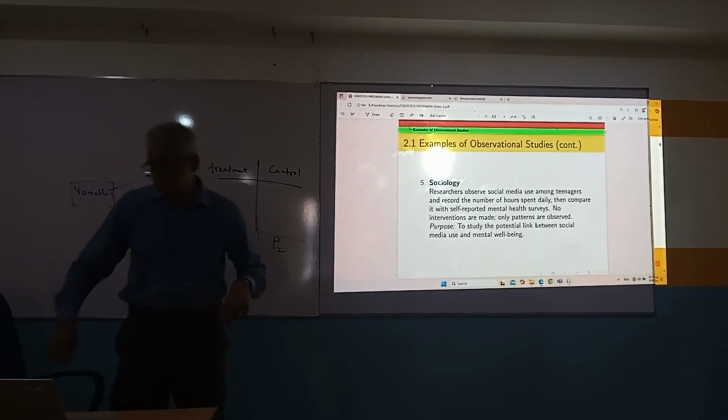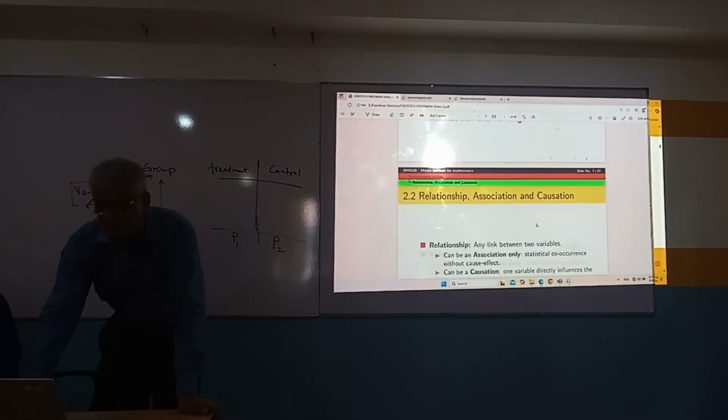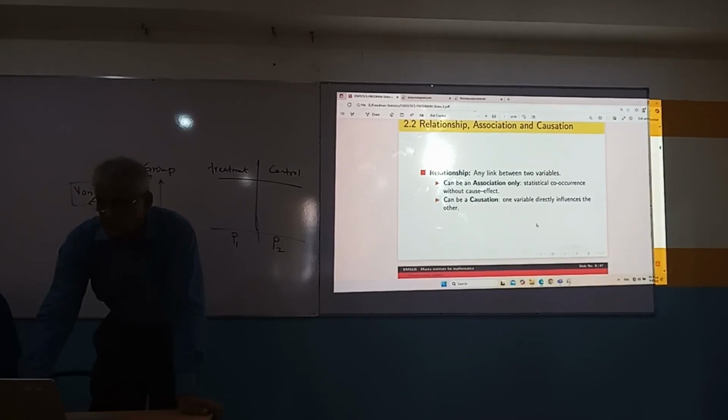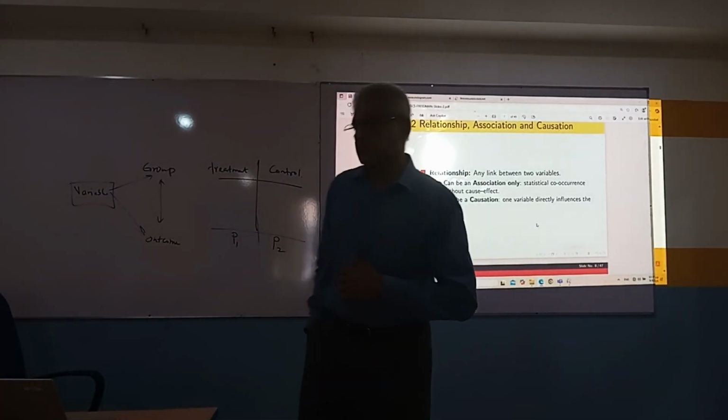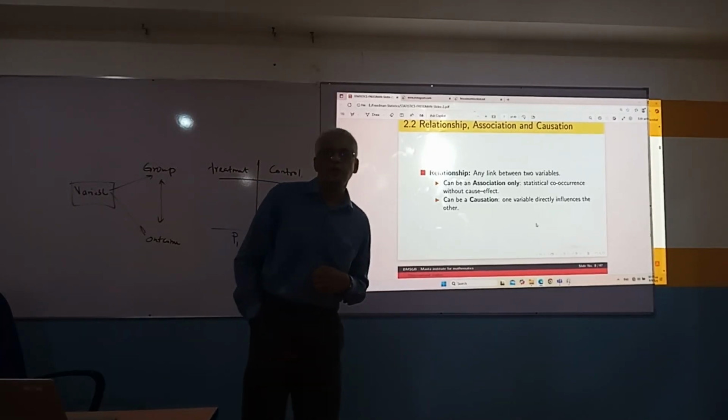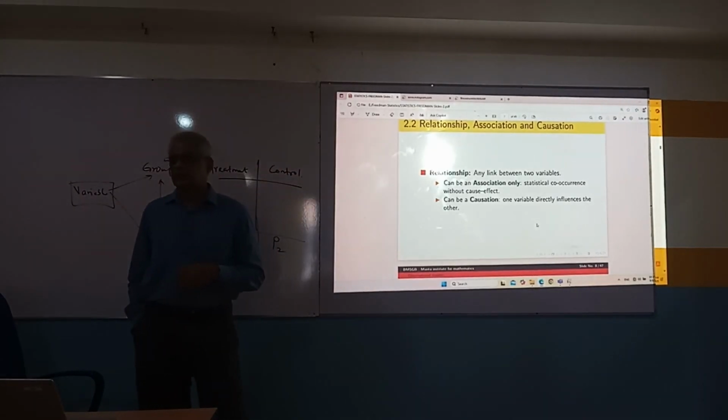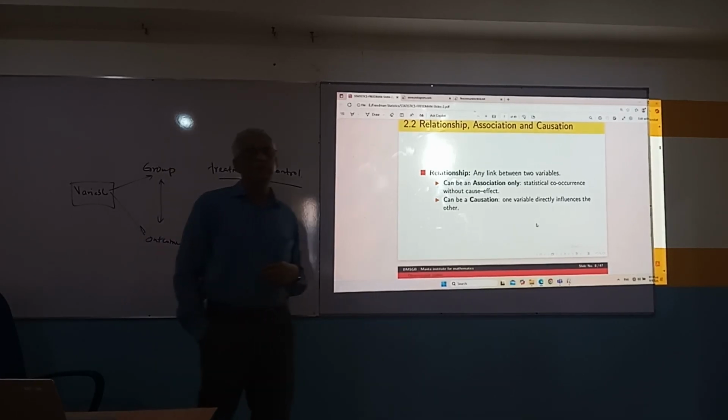There are actually three words that are used here mainly. I have just mentioned these words. Relationship is a more general term. A relationship can be statistical, or it can even be a mathematical relationship.